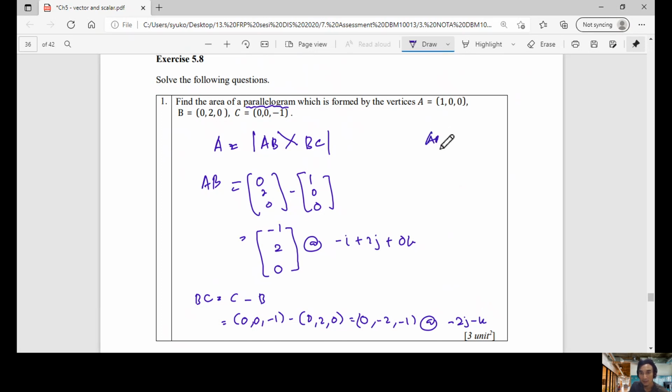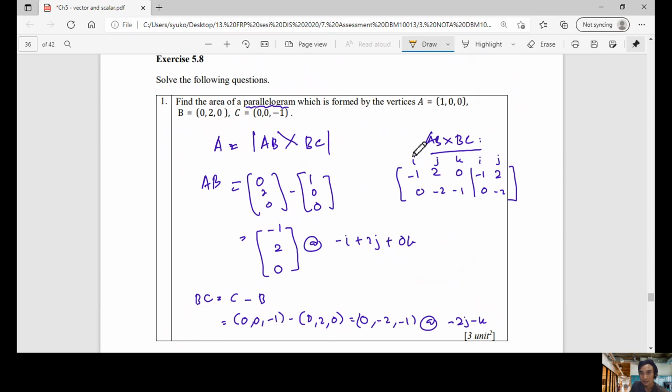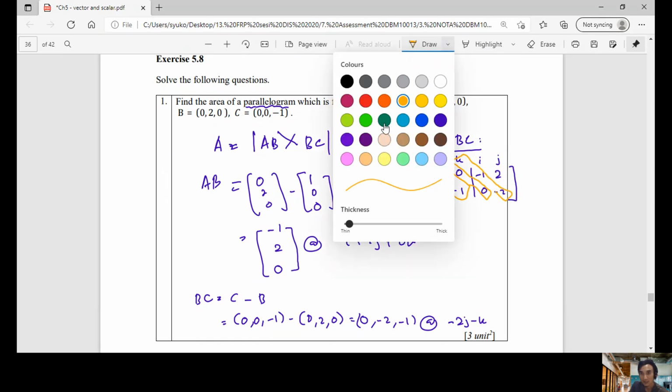And then we find the cross multiply. So this one negative 1, 2, 0, 0, negative 2, negative 1, negative 1, 2, 0, negative 2. So put the i, j, k, and i, j, and then just draw the direction of the multiplication.